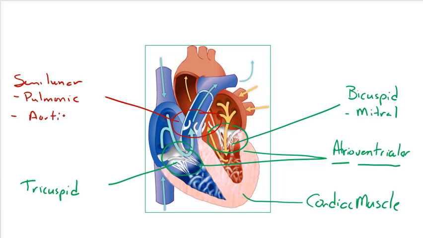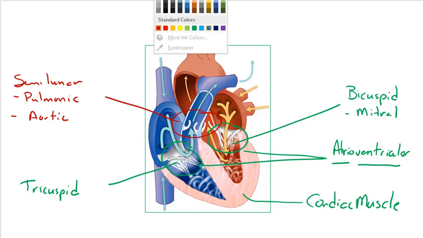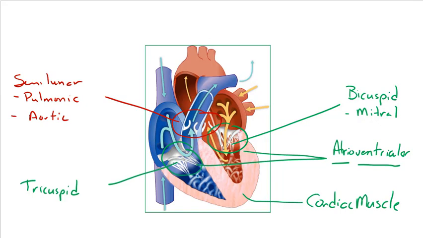Again, the valves are necessary to make sure the blood moves in the right direction. For example, when the right ventricle contracts, the blood is kept from returning to the right atria by a closed tricuspid valve. At the same time, the pulmonic valve opens and blood is allowed to leave the heart and the pulmonary artery.